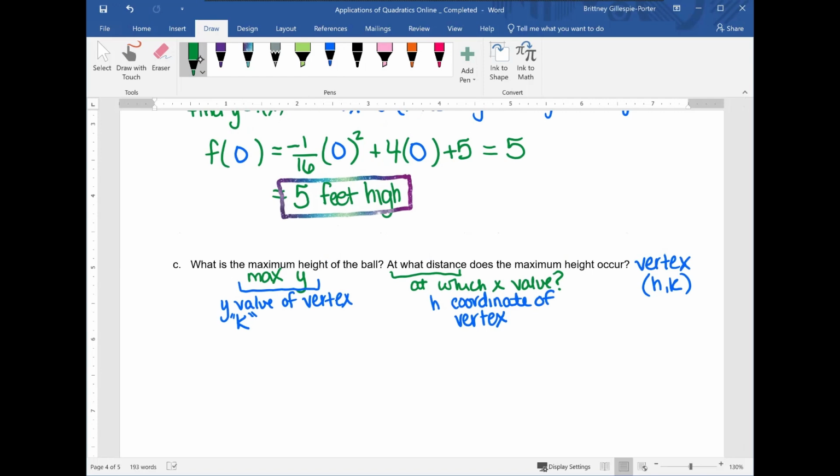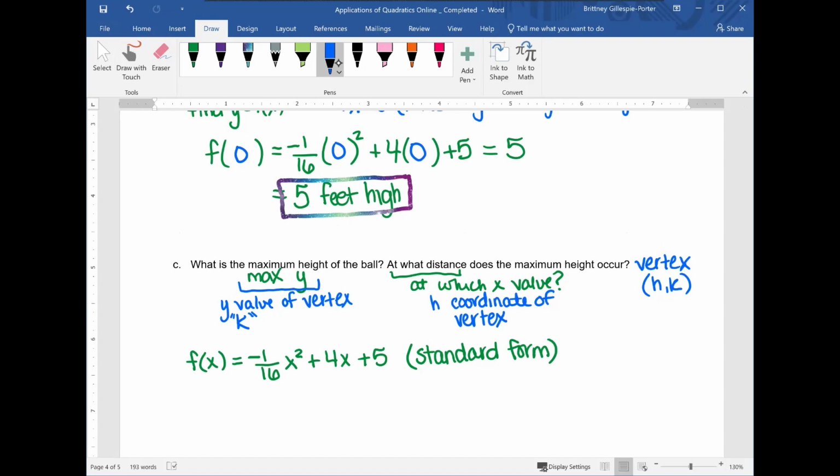Our equation is f of x equal to negative 1/16 x squared plus 4x plus 5. This is in standard form, the ax squared plus bx plus c. It's not in vertex form because we don't have parentheses quantity squared. To find our vertex, our h value is equal to negative b all over 2a.